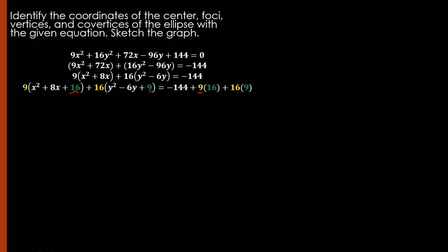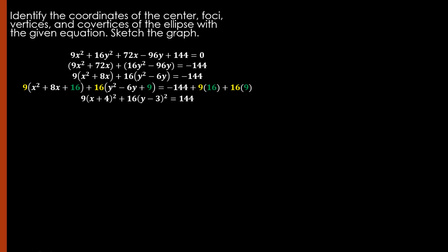This is the number that we factored out from the x squared, times 16, plus 16 times 9. We will get 9 times the quantity x plus 4 squared plus 16 times the quantity y minus 3 squared equals 144.